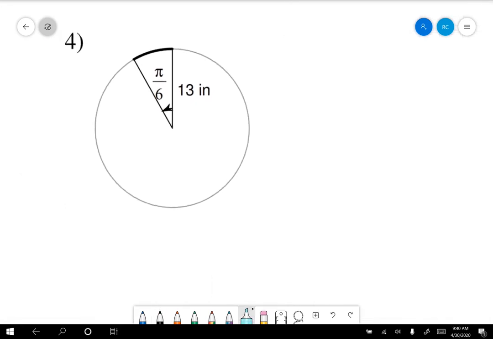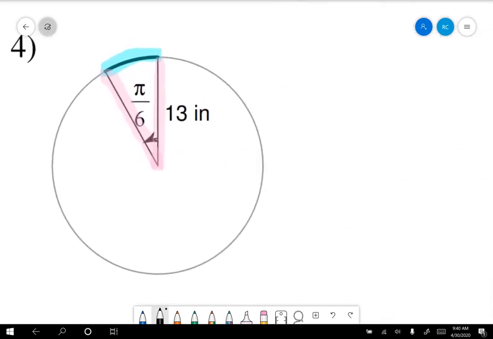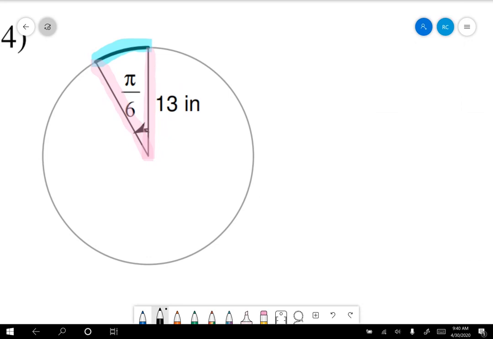Number 4, we are looking for this arc, which is made with this central angle, which is pi over 6 radians. Okay, well, same deal. Remember, arc equals the radius, which is 13 inches, times the angle in radians, which is pi over 6.